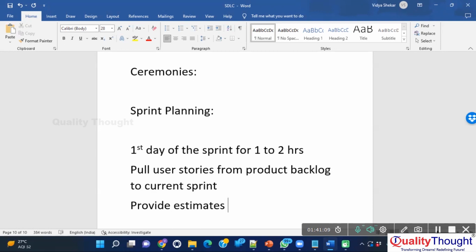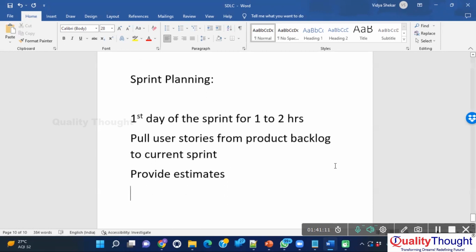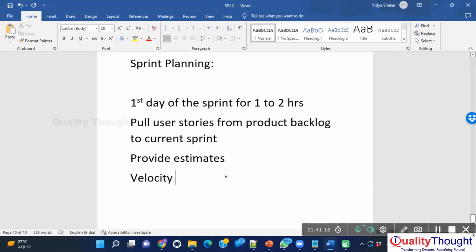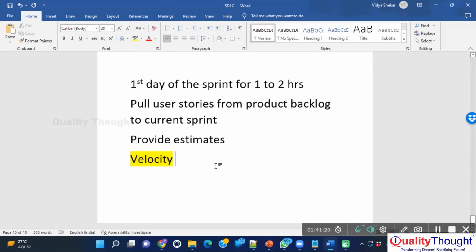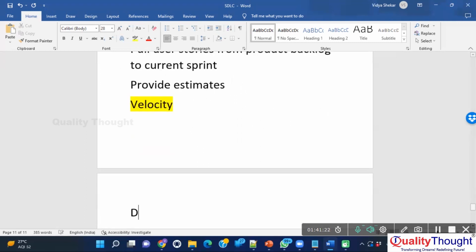Based on the estimates, they calculate something called velocity. I'll come to this point later. They'll also ask you what the velocity of your sprint is. I'll come to this point later. Next is the daily stand-up call.